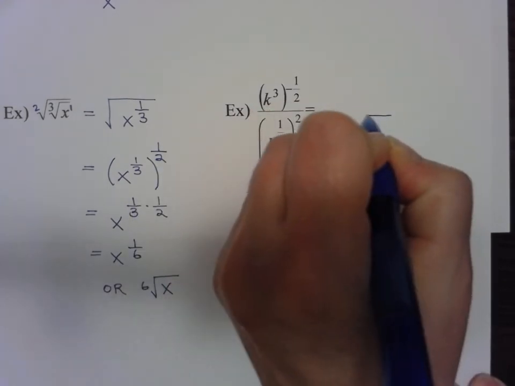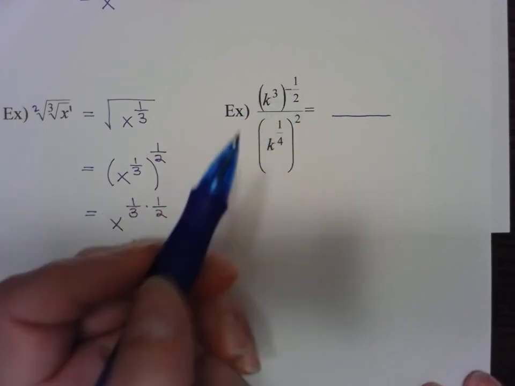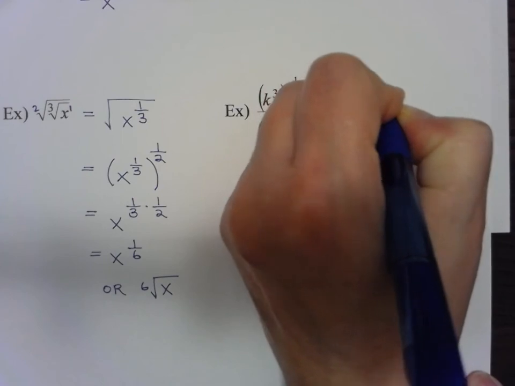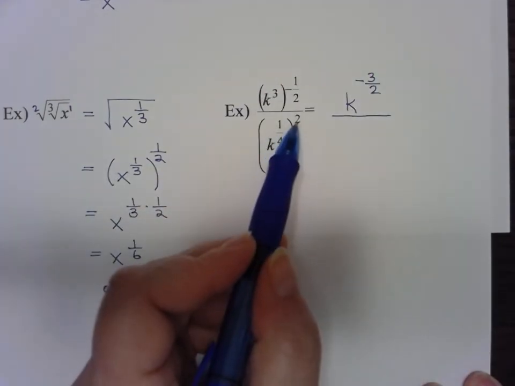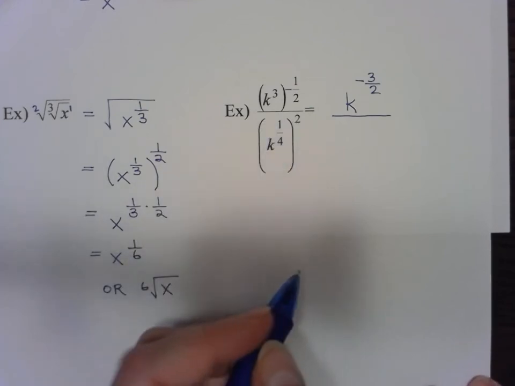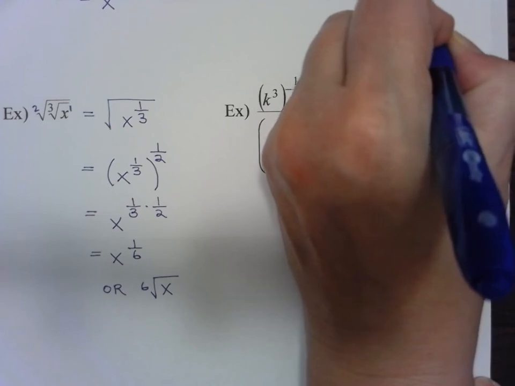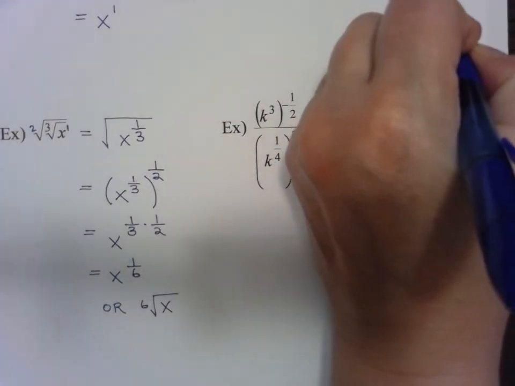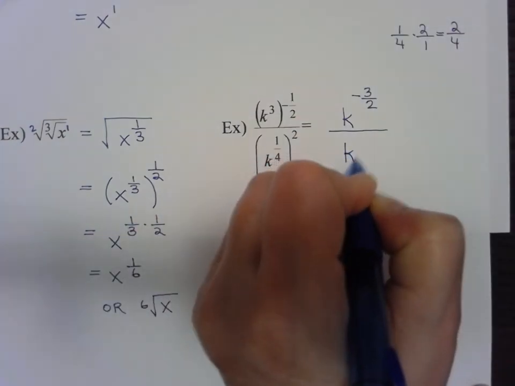So I'm going to be multiplying those. 3 times -1/2 is going to give me -3/2. And 1/4 times 2, I'll write it off to the side right here, would give me 2/4, which I can then reduce to be 1/2.